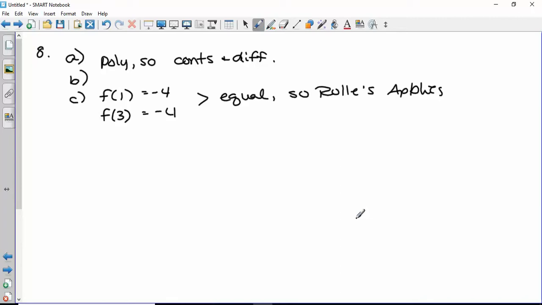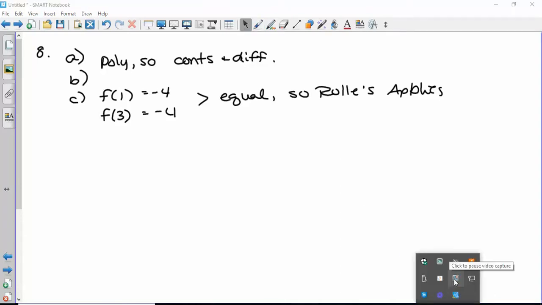What does Rolle's theorem tell us? What's the conclusion for this theorem? So in mean value theorem, the slope between the endpoints has to equal the derivative at some point.